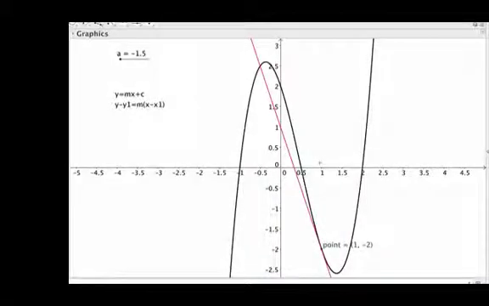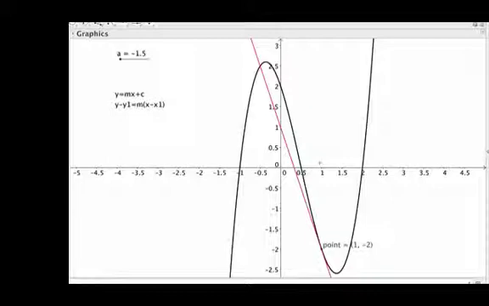This is the form of the straight line that you use when you're given one point and the gradient. But we don't know the gradient. Well, we could work it out using rise over run. You're good at that, but it is slow. There is a quick way, and that quick way is with calculus.